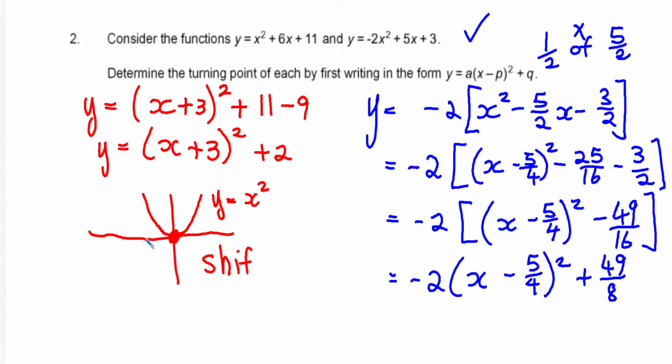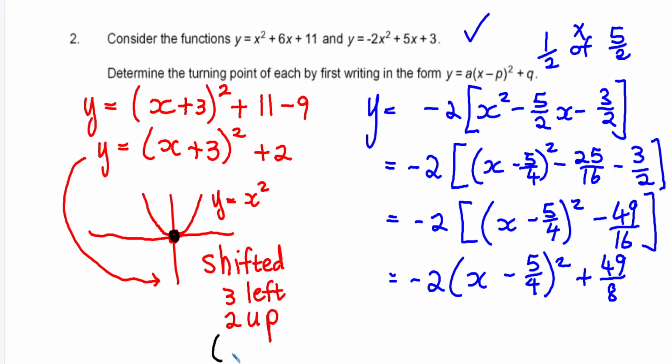This one here has been shifted 3 left and 2 up. And if it's been shifted 3 left and 2 up, then that turning point that was at 0, 0 will become -3, 2.